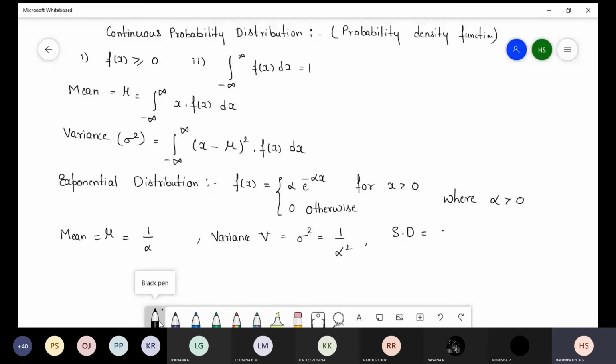Root of variance, that is sigma is equal to 1 by alpha. These are the three: mean, variance and standard deviation. There is a different formula for continuous probability distribution and exponential distribution. Let us see first problem in the probability density function or continuous probability density function.